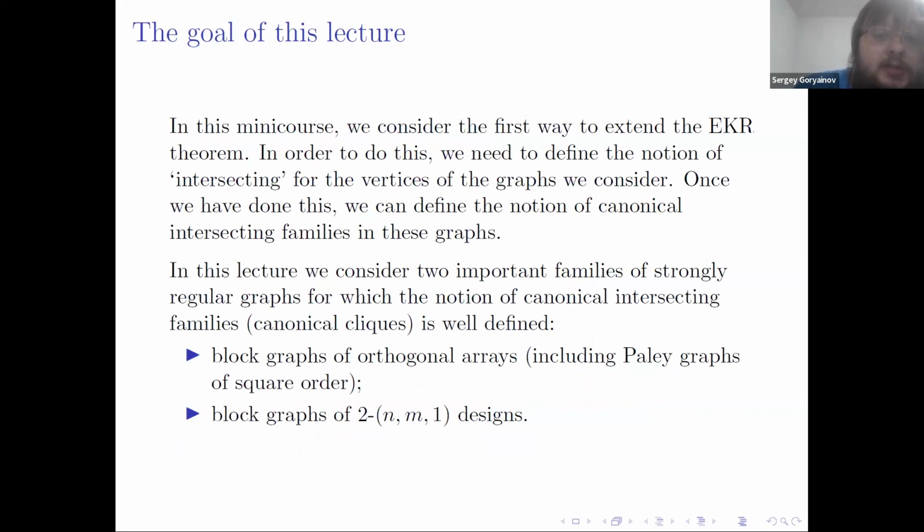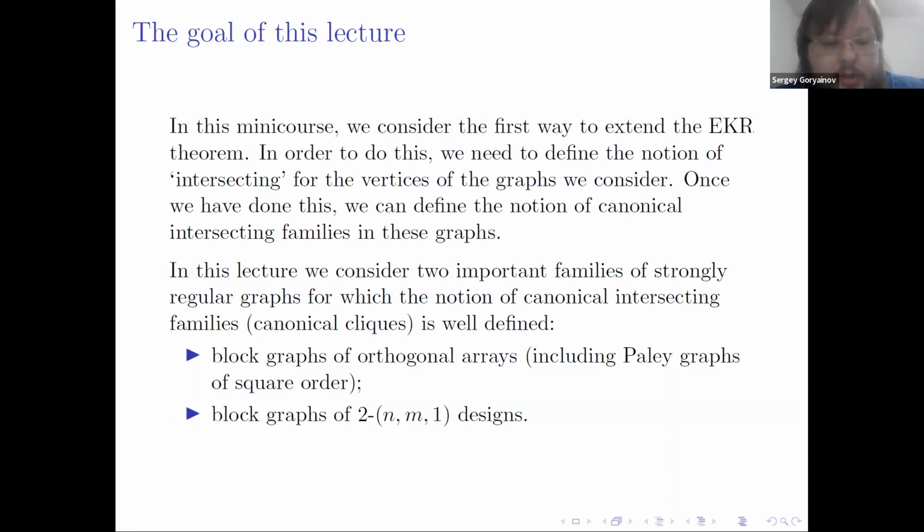In this lecture, we consider two important families of strongly regular graphs for which the notion of canonical intersecting families, more precisely canonical cliques, is well defined. The first is the family of block graphs of orthogonal arrays, including Paley graphs of square order, and this would be an extension of the discussion in our previous lecture.